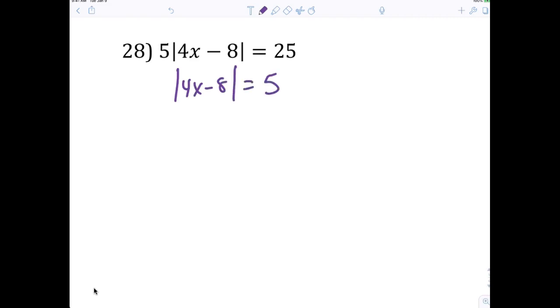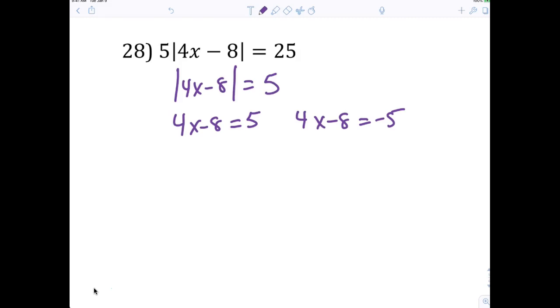Now what? You're supposed to write 2 equations. 4x minus 8 equals 5, and then 4x minus 8 equals negative 5.